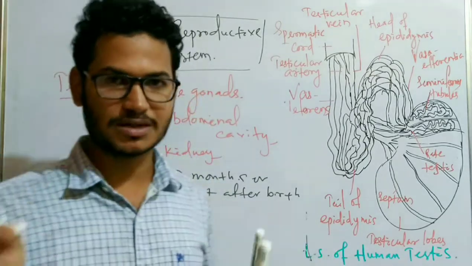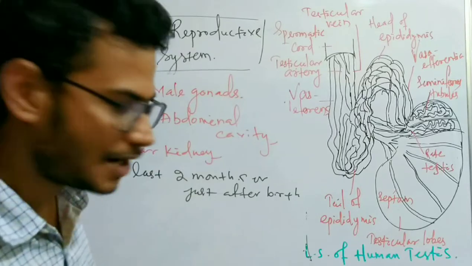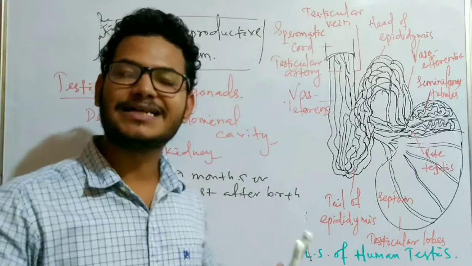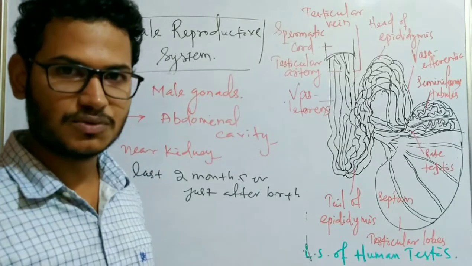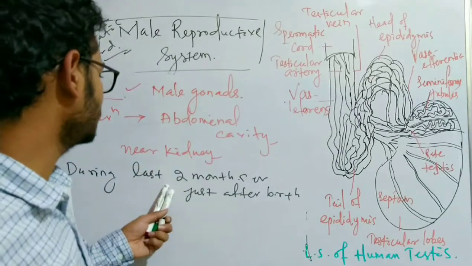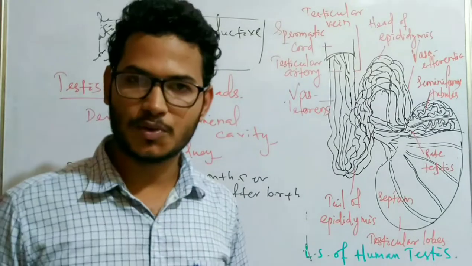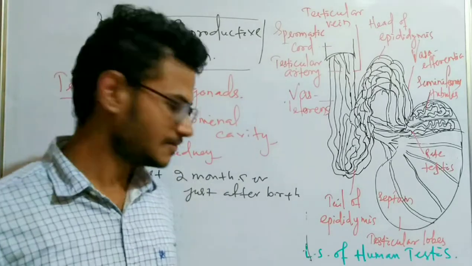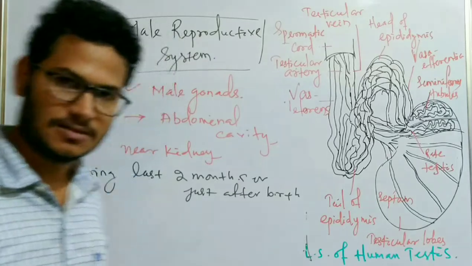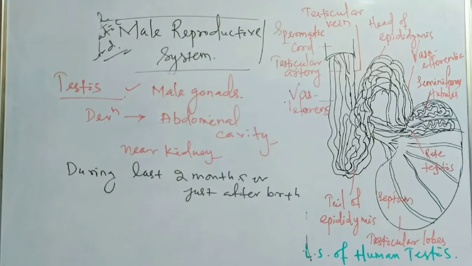We have discussed the scrotum and penis. The scrotum is the pouch to which, after getting maturation, the testis descends just before birth or during the last 2 months of birth or just after birth.